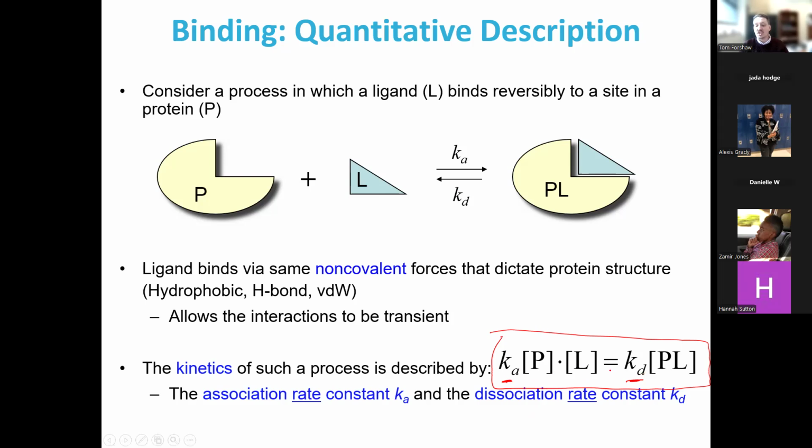But if things are not in equilibrium, then the rates are going to change in order to get things into equilibrium. So these rates at equilibrium will be the same. But if the ratios of the reactants or products change to throw it out of equilibrium, then the association or dissociation rate will change in order to get them back into equilibrium.